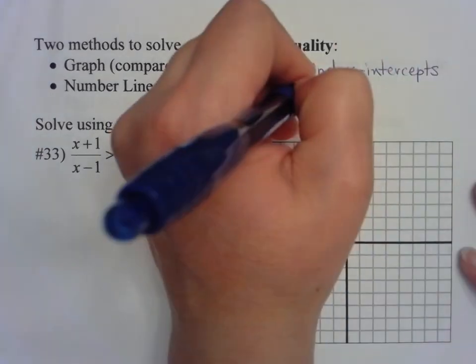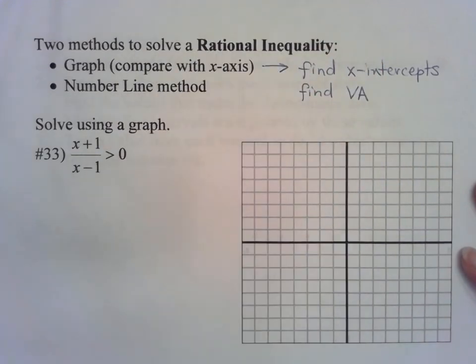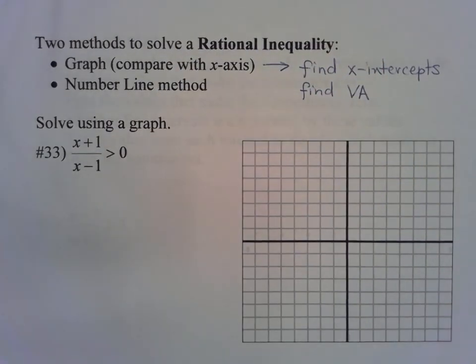And we want to find the vertical asymptotes, right? Because those two characteristics are places where the graph could change from being above the x-axis to being below. So we need to be really mindful of those two places in the graph.